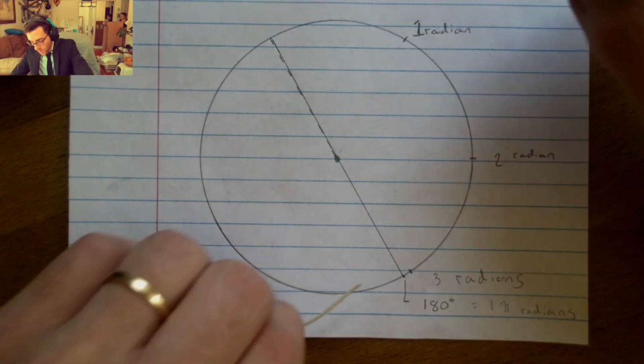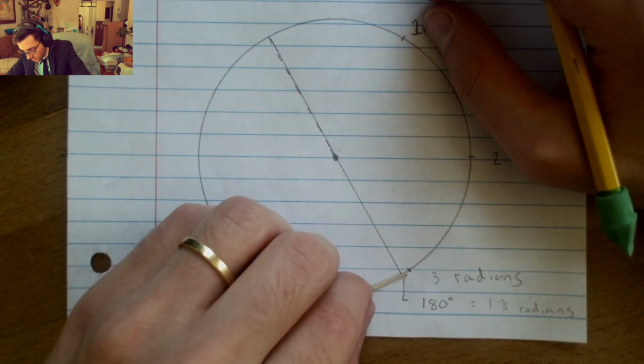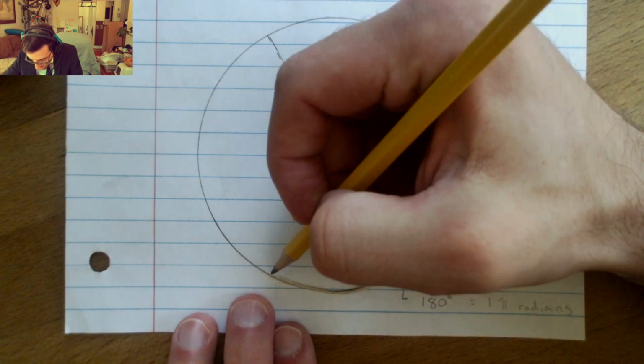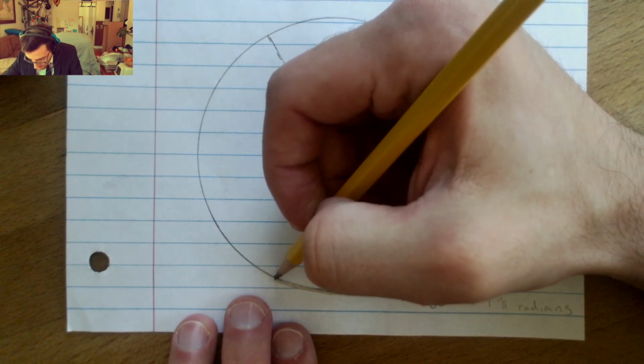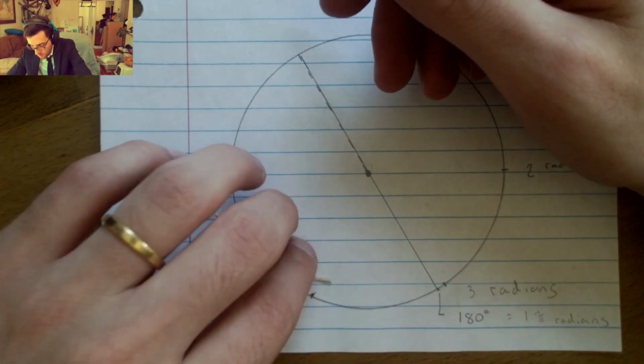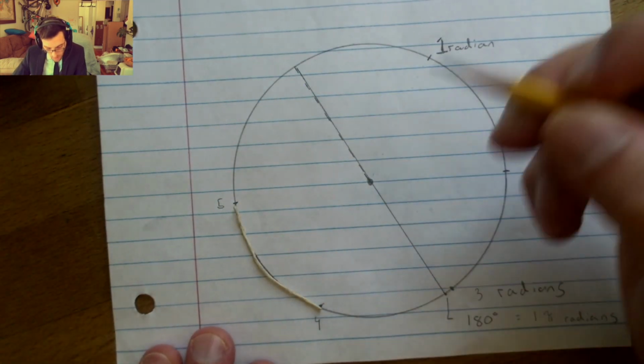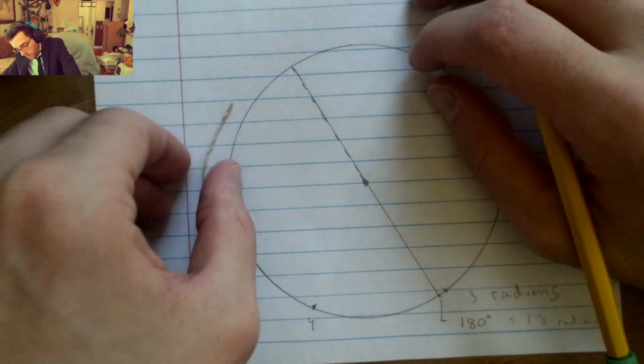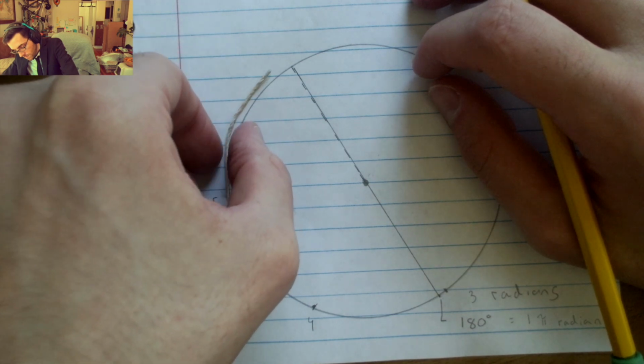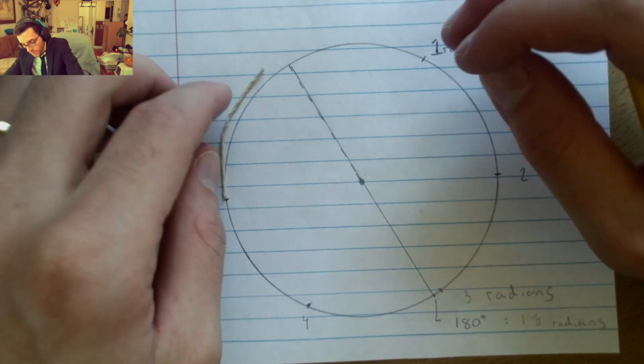So I'm going to go from my 3 radian spot. I'm going to mark off my 4th radian, mark off my 5th radian, and next up I'm going to mark off my 6th radian.